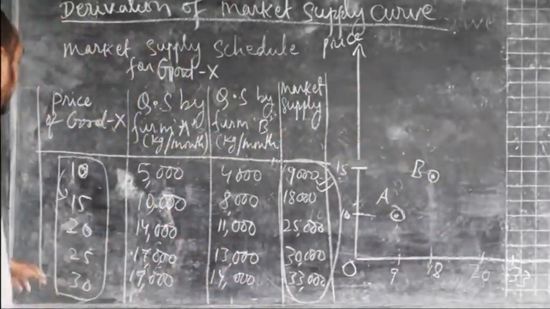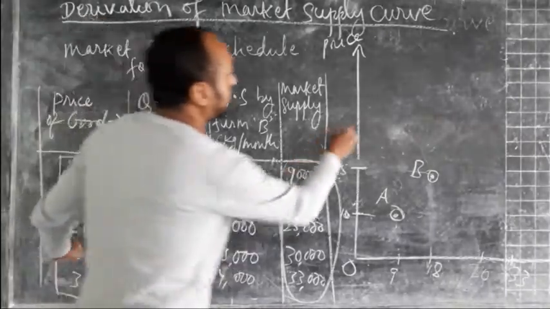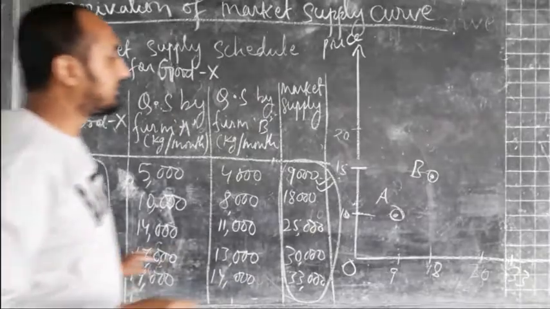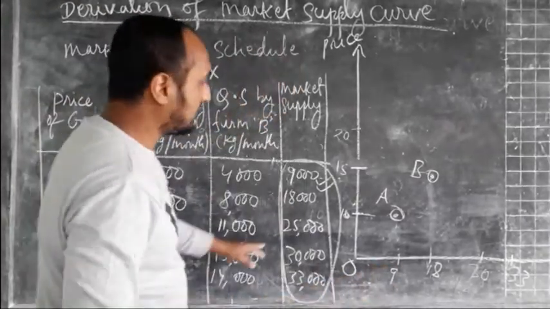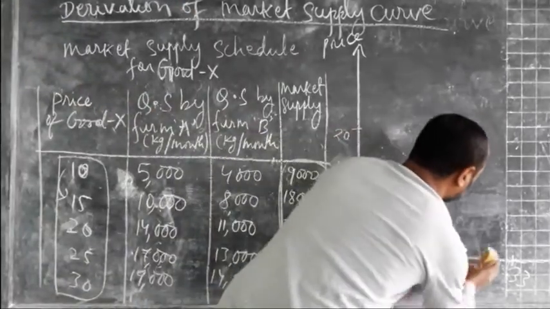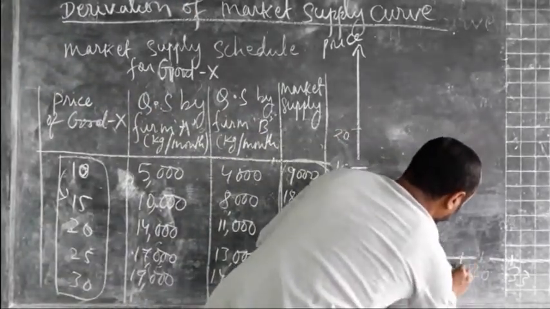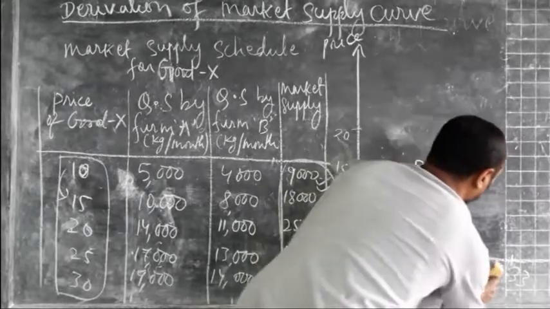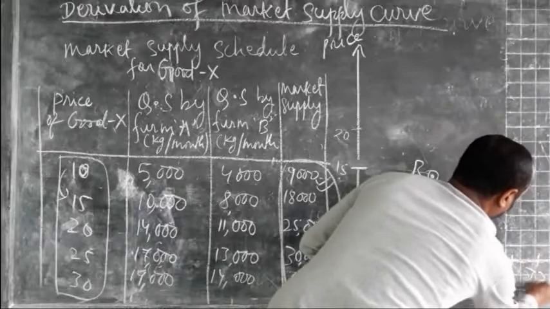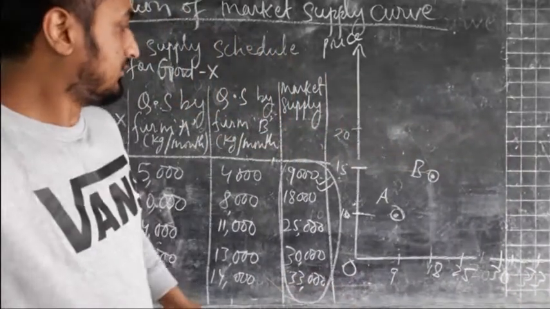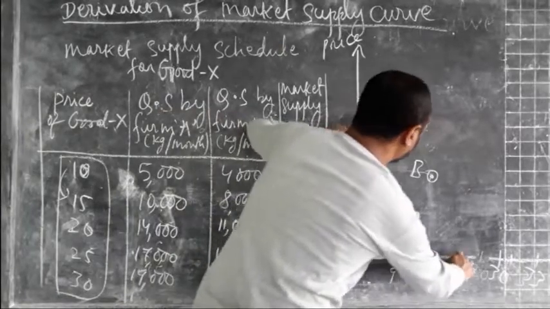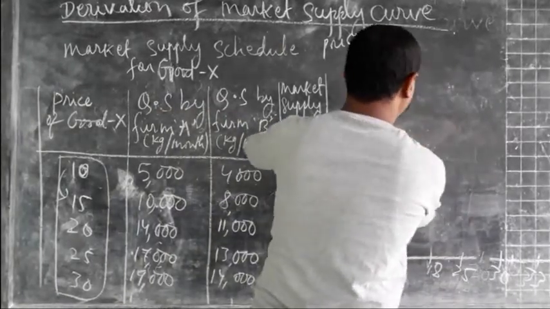Now next we have price 20. When price is 20, the quantity supply we have is 25,000. I missed this one, 25. Suppose here it is 25. Now when price is 20, the total market supply we have is 25. So just straight of this we will get one point.